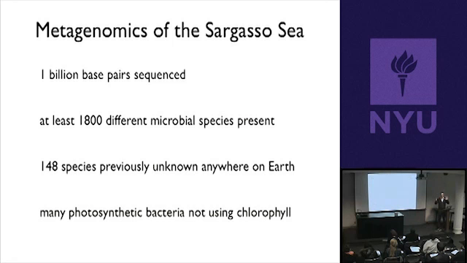That can really change how we think about that ecosystem in terms of the way energy passes through it, how light is trapped into energy and converted into chemical compounds that are then used by the cell.